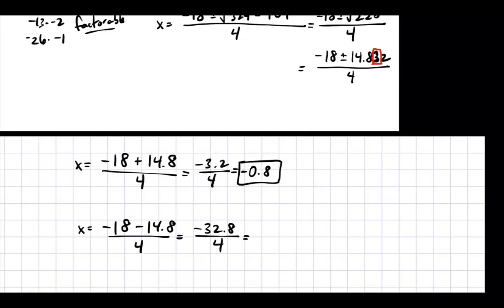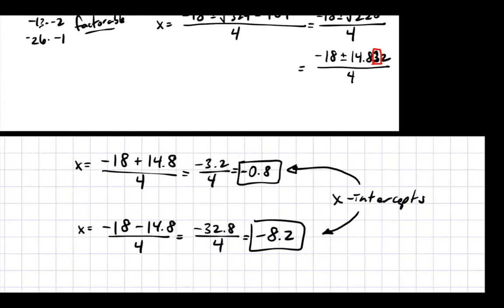Last one, negative 32.8 divided by 4 is negative 8.2. Those are my x-intercepts.